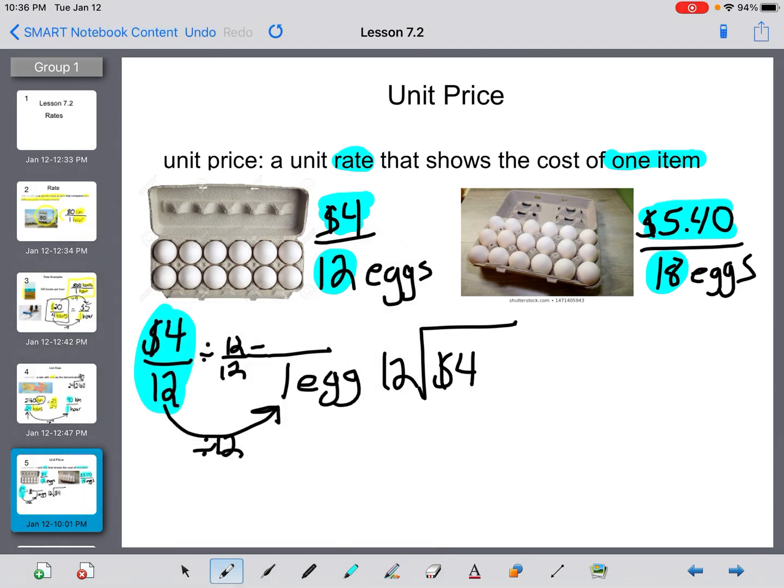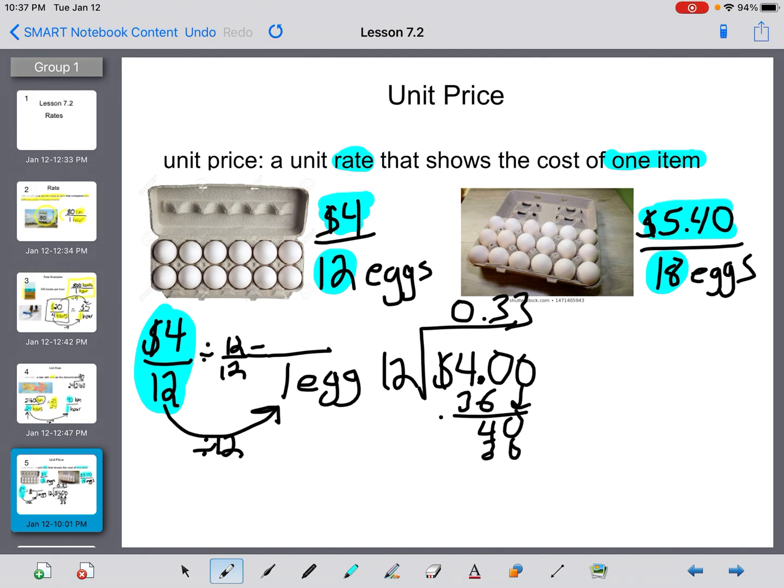So if I want to do 12 into $4 or $4 divided by 12, 12 does not fit into 4. So I'm going to put a decimal. Sorry, it's a little bit crowded on my iPad. Add a 0. 12 does fit into 40. It fits in 3 times. 3 times 12 is 36. And then 4, bring it down, fits in 3 times.